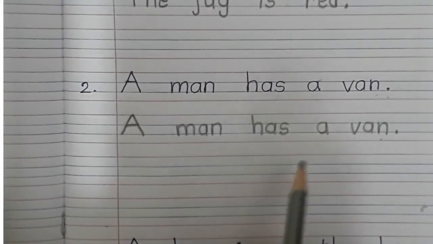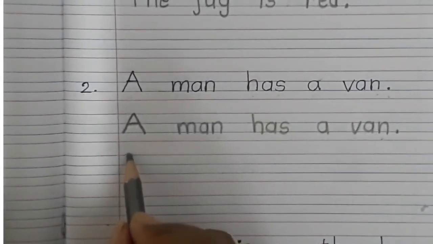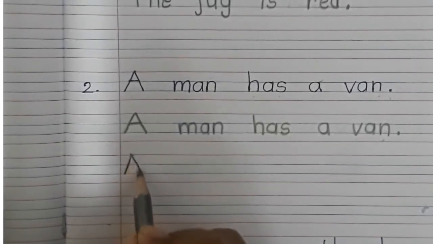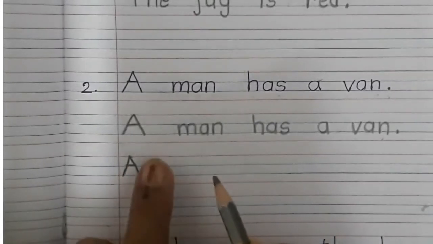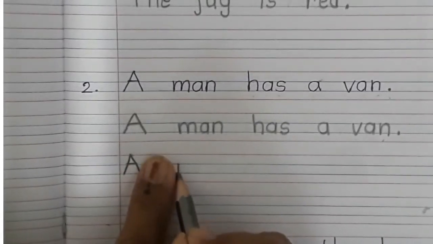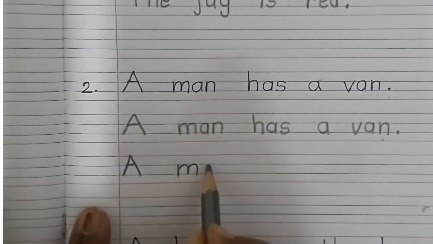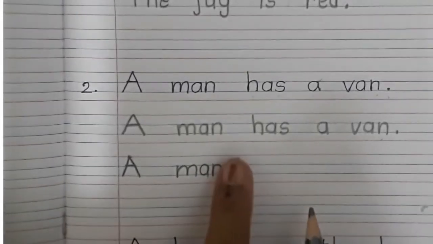Again we will write the same sentence. Capital A, one finger space, then M, A, N, man.